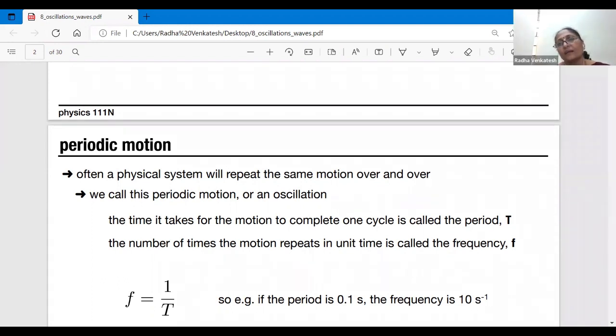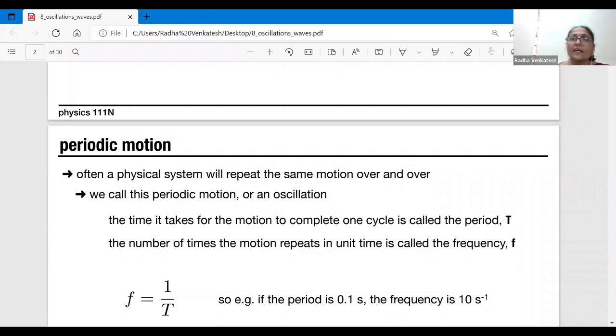So what is the same between the two, that is, between the earth going around the sun and the motion of the pendulum? The similarity is that both of their motions get repeated after regular intervals of time.